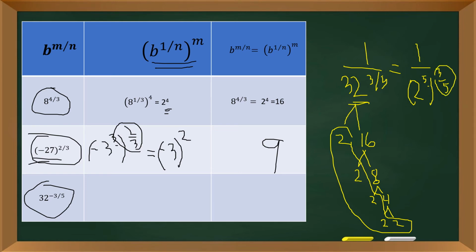By method of cancellation, you can simply cancel 5/5. So 32 raised to negative 3/5 is equivalent to 1 over 2 cube. We have already known that 2 cube is 2 times 2 times 2, or 8. So the answer here is 1/8.